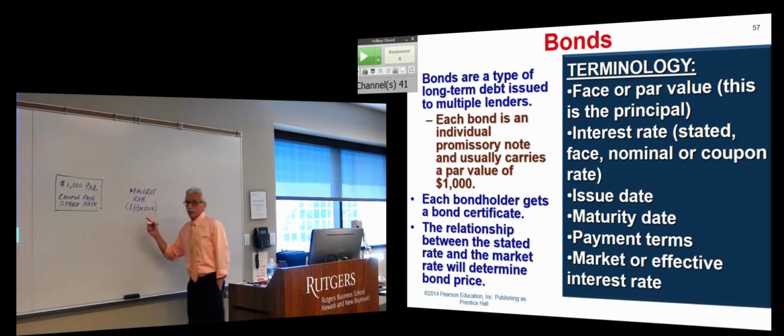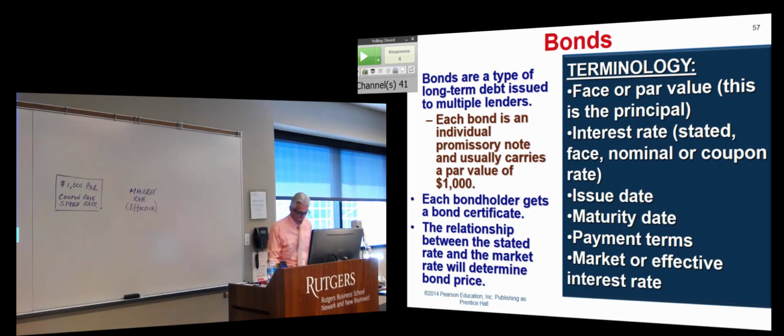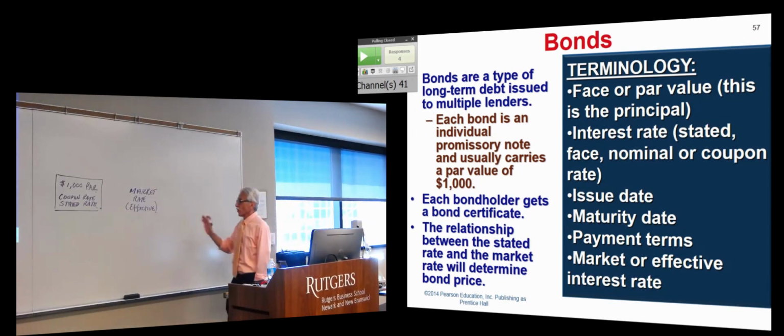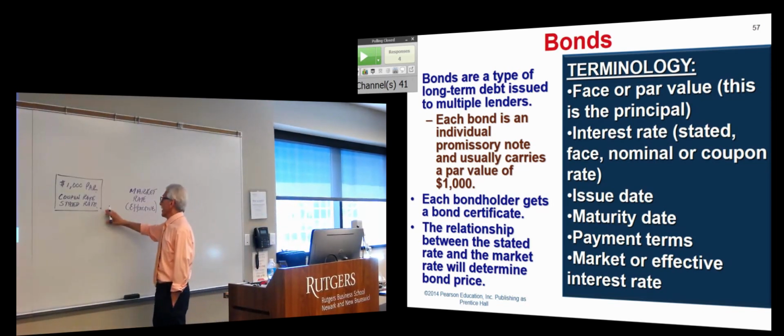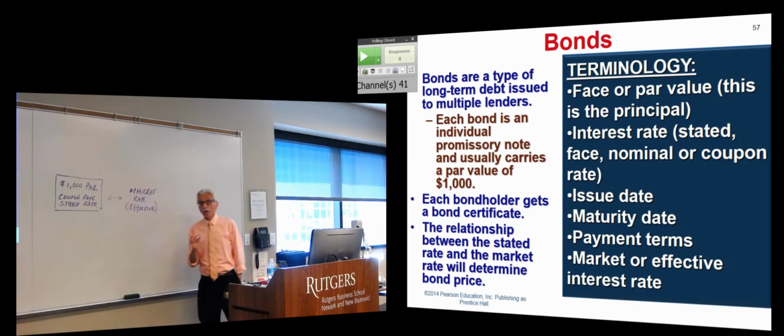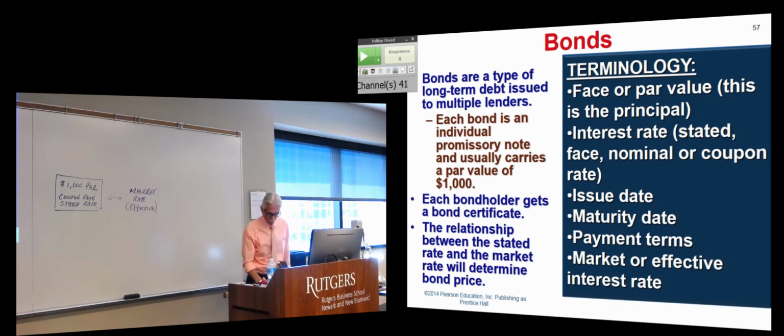And the effective rate is the rate that we will use to price the bond. So the contract rate, coupon, stated rate, whatever it is, this relationship will determine how the bonds are priced.